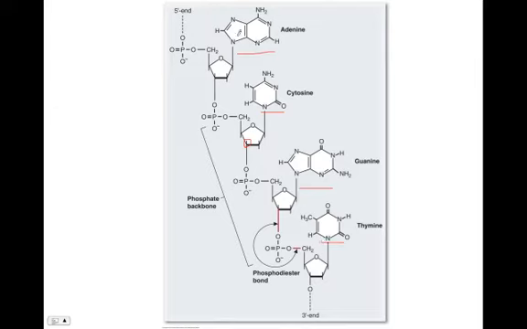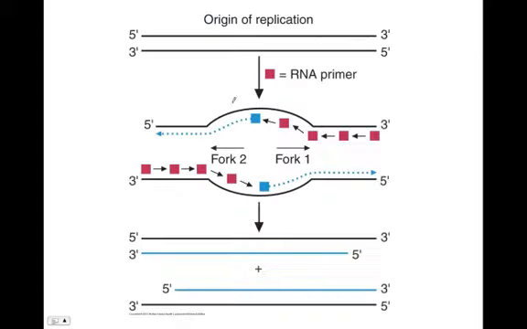Adenine base pairs with thymine, and guanine and cytosine base pair. G and C base pairs form 3 hydrogen bonds, whereas adenine and thymine only form 2 hydrogen bonds. Consequently, it requires more energy to break hydrogen bonding pairs of G and C nucleotides than T and A nucleotides.